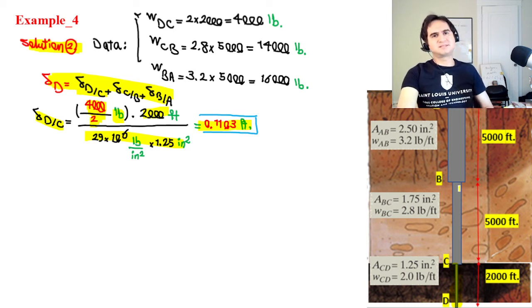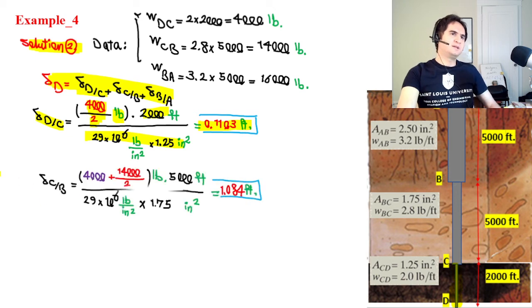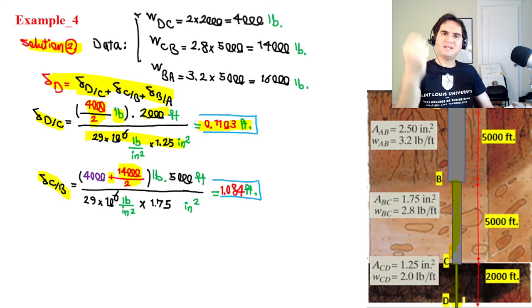Likewise for the second part, BC, the weight is 2.8 times 5000, which gives you 14,000. Convert the distributed load of W, which is 14,000, and apply it as a concentrated load of half of that at the end C. That's 14,000 over 2. But don't forget that in the second part we do have extra weight hanging from the end C, and that's not going to be halved.